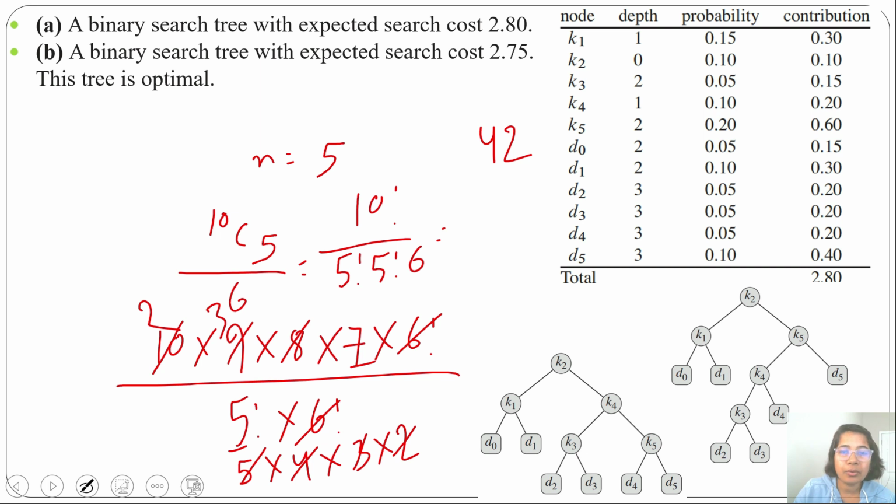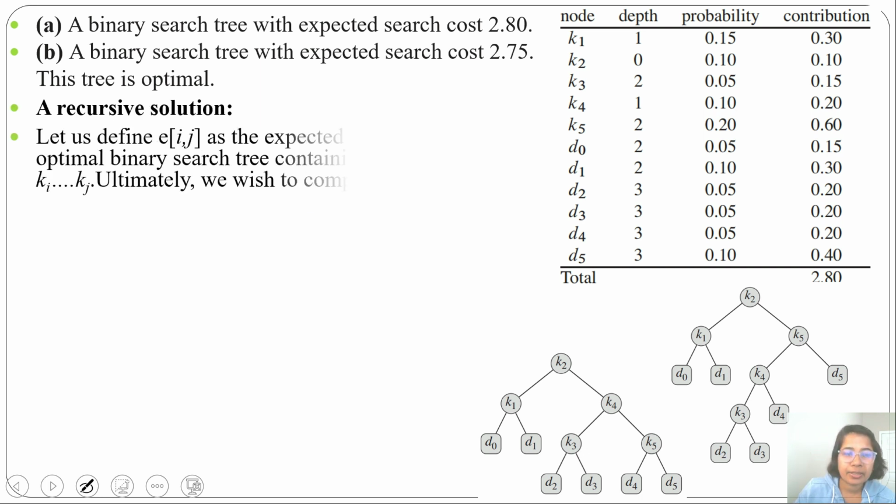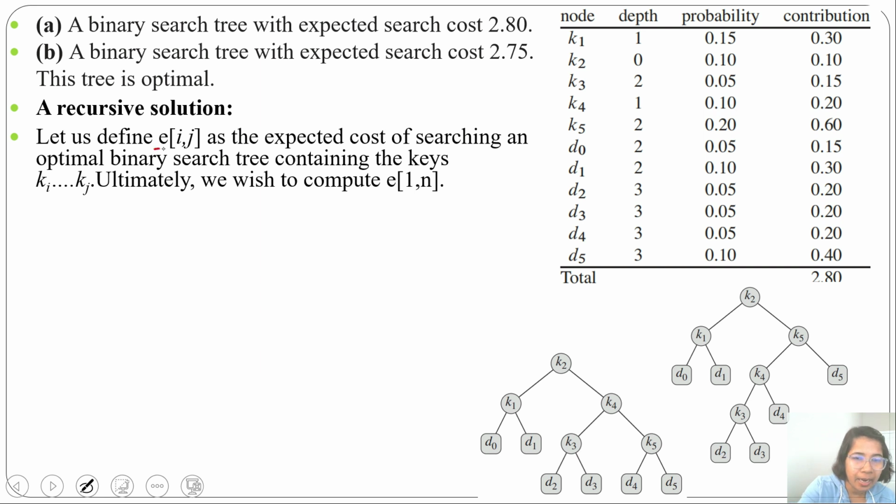So how will we know which tree is the optimal binary search tree? Which tree will give the least expected search cost? For that we have a recursive solution. Let E[i][j] be the expected cost of searching an optimal binary search tree containing the keys ki till kj, and ultimately we want to find E[1][n].